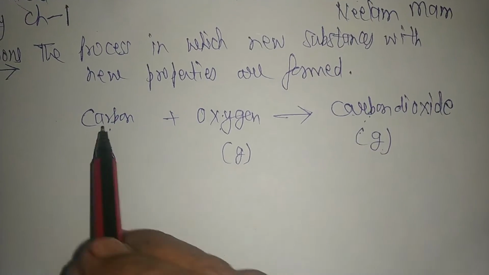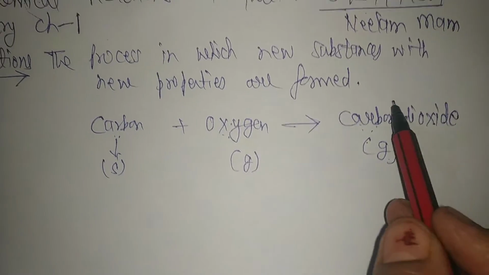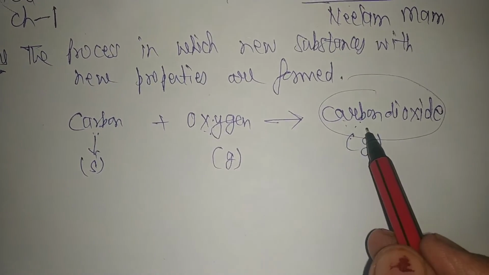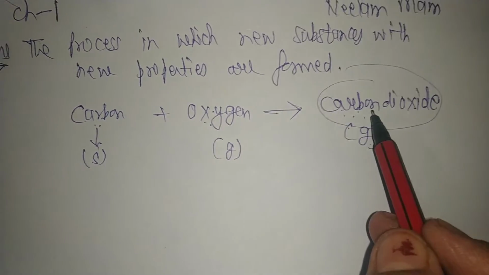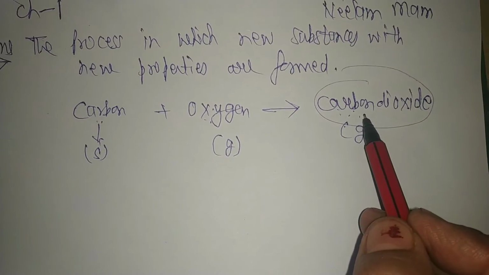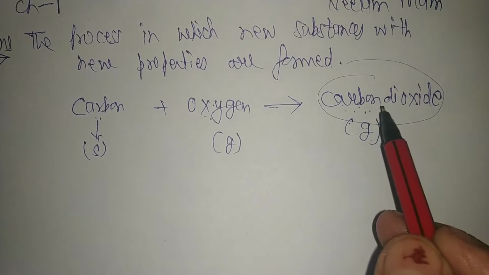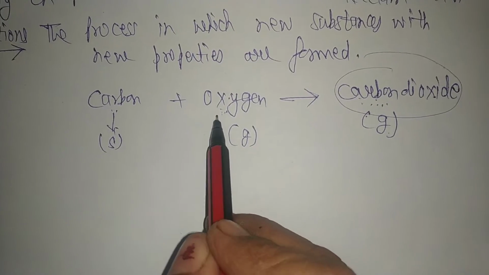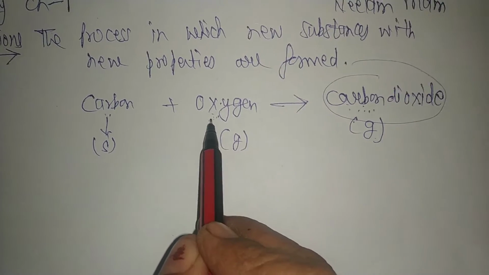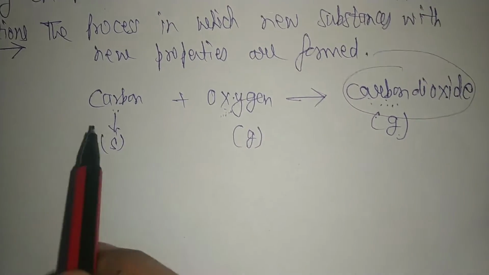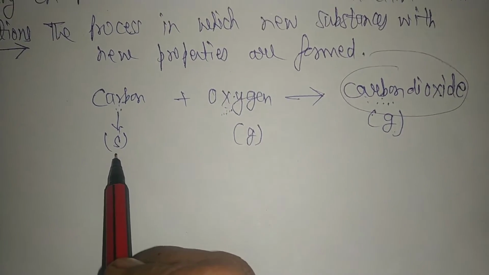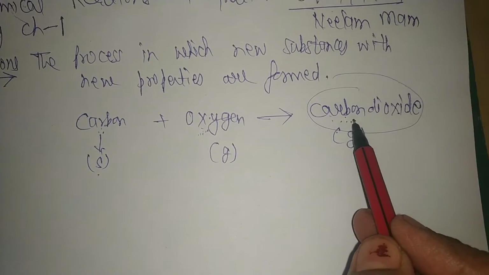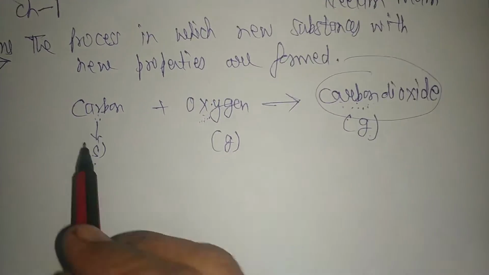Carbon dioxide is responsible to extinguish the fire, but oxygen is helpful in burning the fire, and carbon is solid. So the new substance with new properties is formed.